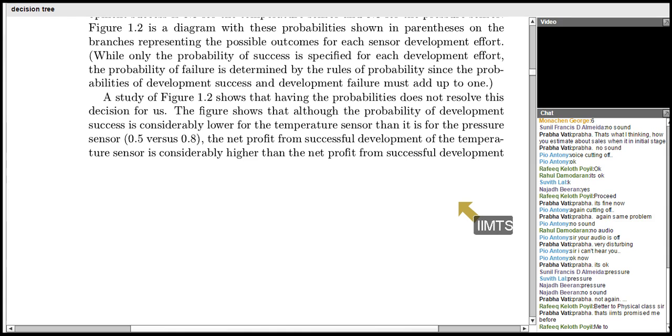Now, a study of figure 1.2 shows that having the probabilities does not resolve these decisions for us. The figure shows that although the probability of development success is considerably lower for the temperature sensor than for the pressure sensor, that is 0.5 and 0.8, which we just looked at together, the net profit from successful development of the temperature sensor is considerably higher than the net profit from successful development of the pressure sensor.